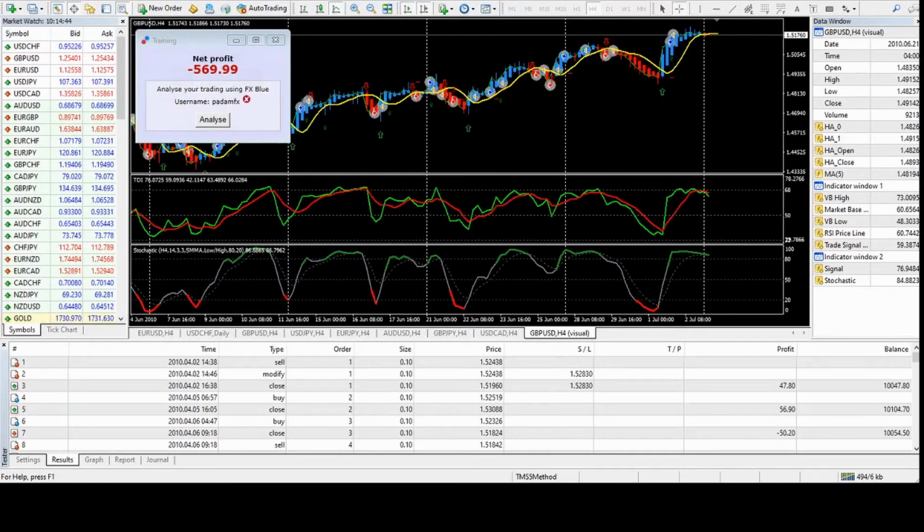The loss came out to be $569.99. It's a lot more than what I lost when I traded it just a little bit differently. So this 3-month phase apparently is a lot worse than the first 3 months.